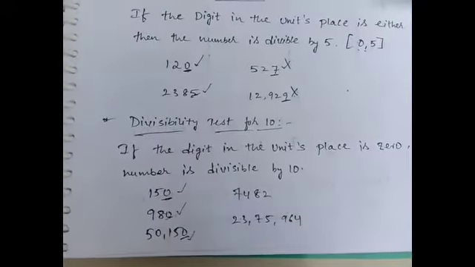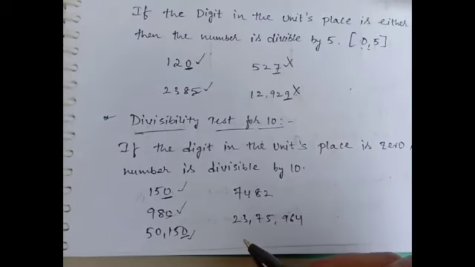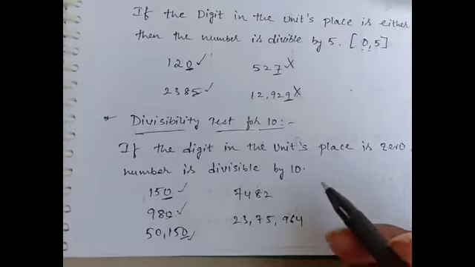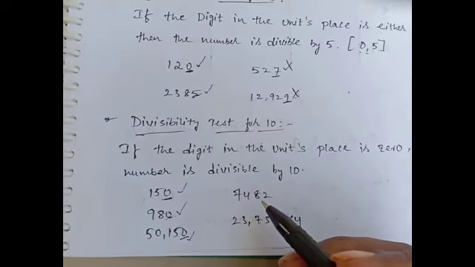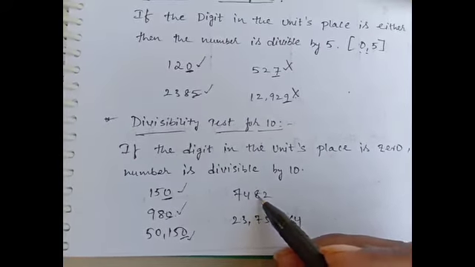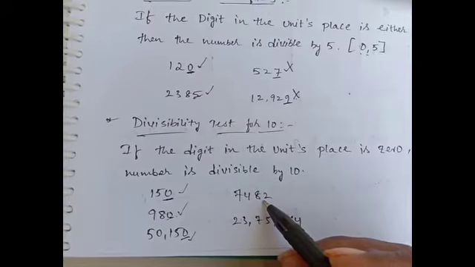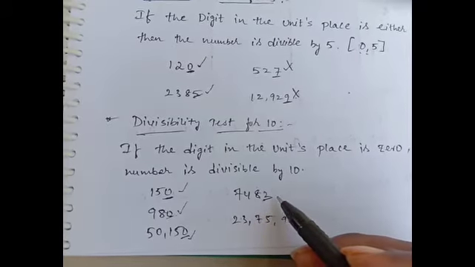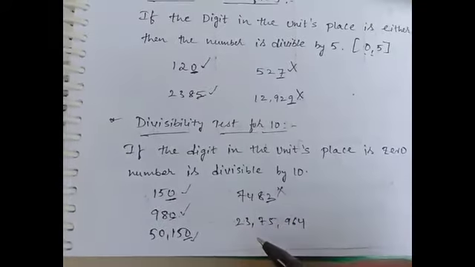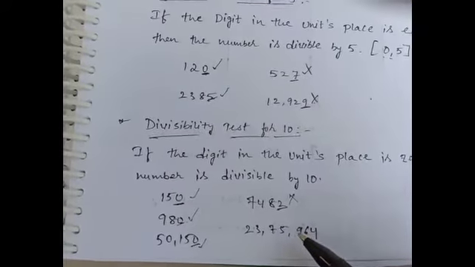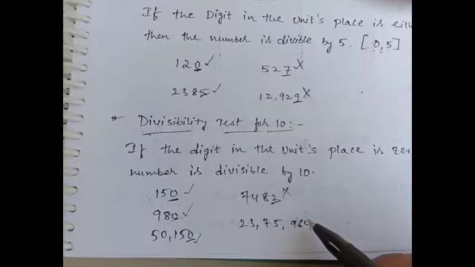How big the number may be, you just concentrate on the units digit, and if that unit digit contains 0, it is divisible by 10. If the unit digit does not contain 0, then it is not divisible by 10. Here 7482. In this number, the unit digit is 2, so this number is not divisible by 10. And I have taken another big number, 2375964.